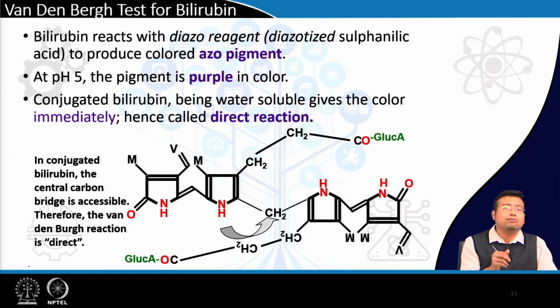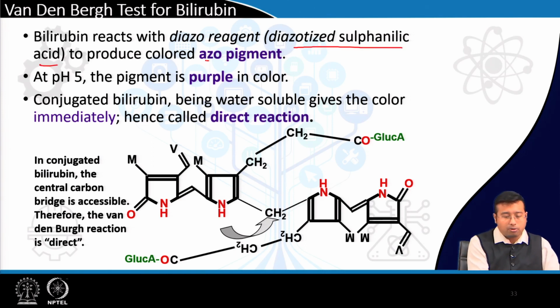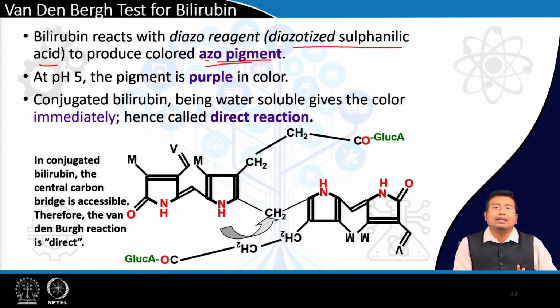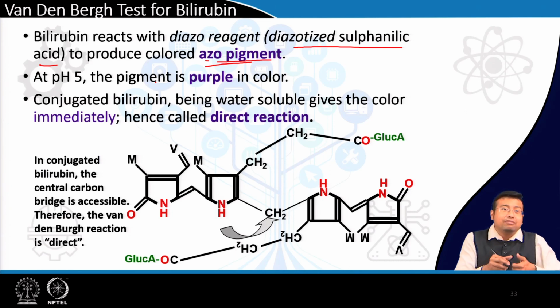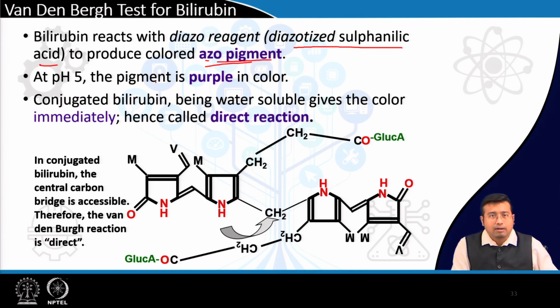The theoretical aspect of Van den Bergh's test is very important, which is actually very easy: in acidic medium bilirubin reacts with a diazo compound, the diazotized sulfanilic acid, to produce a purple colored azo pigment, right. It is the conjugated variety which gives the reaction immediately, and hence this test is called direct reaction or direct positive, and hence conjugated bilirubin is also known as direct bilirubin. So, it is synonymous, the same thing.